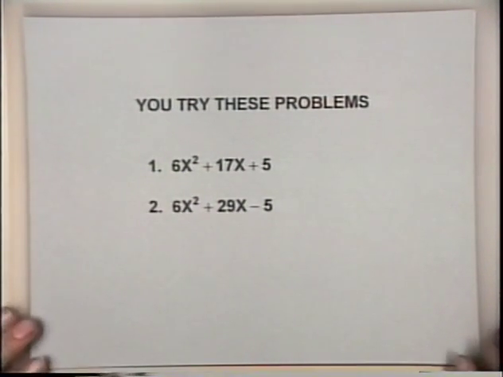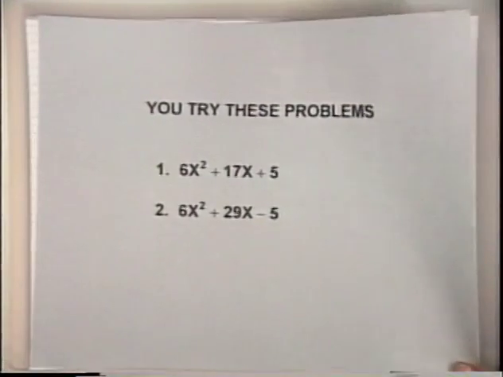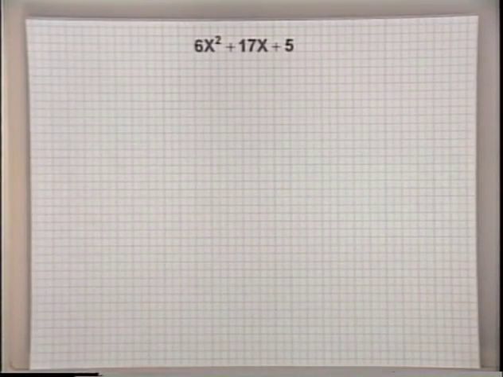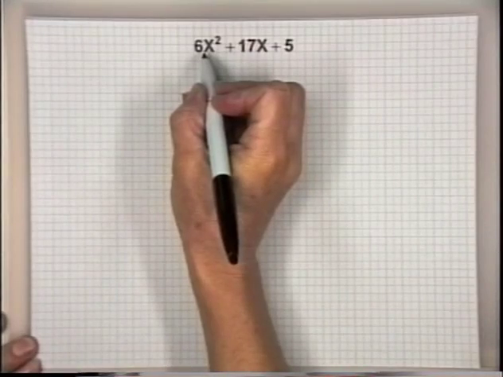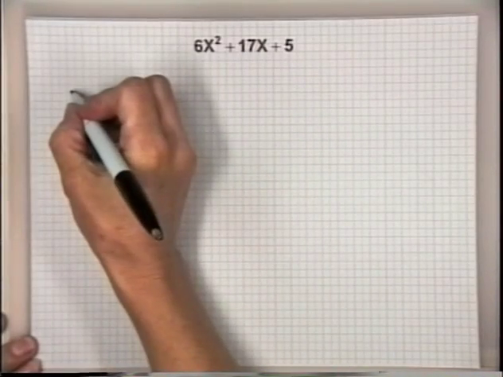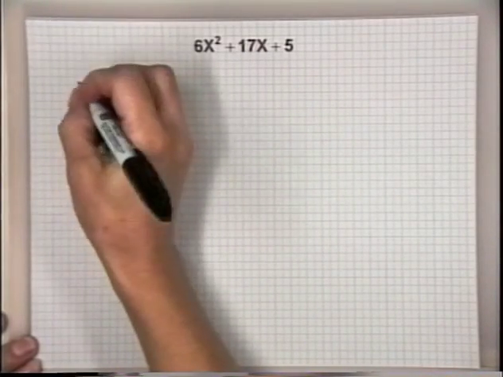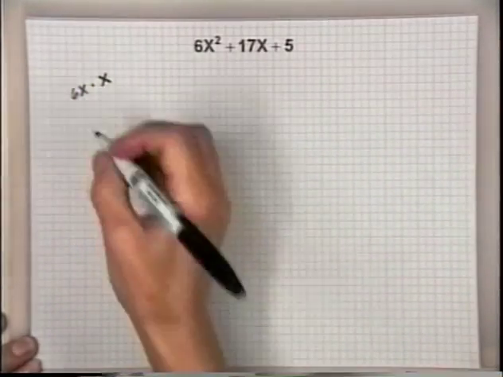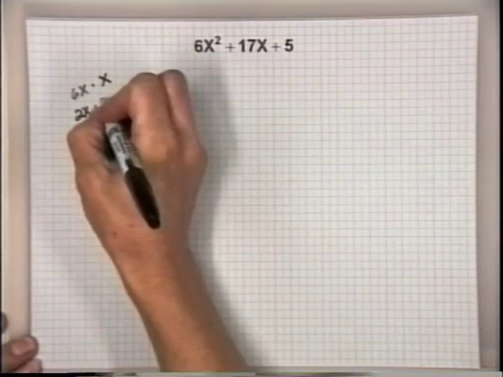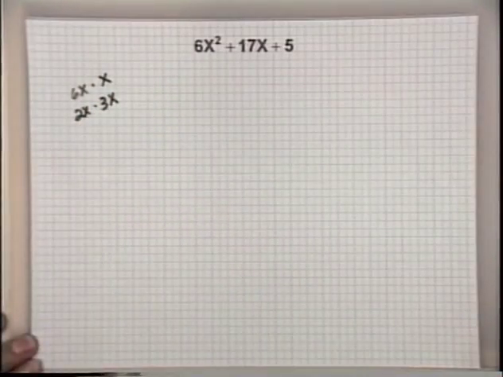Let's take a look and see how you did with these two problems. 6x squared plus 17x plus 5 did not have a common factor. You should have noticed for this first term that your choices were 6x times 1x or 2x times 3x.